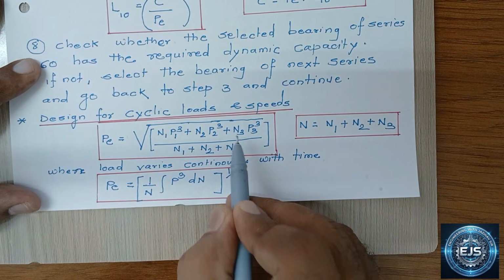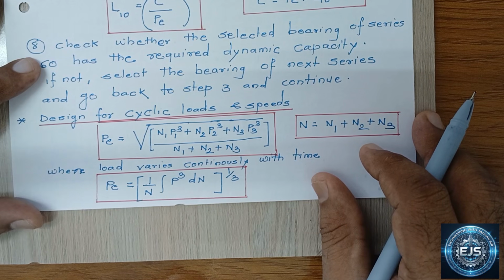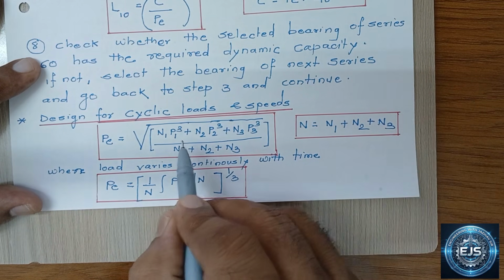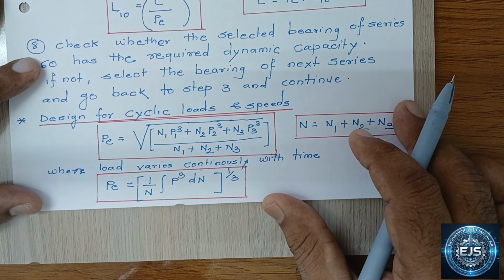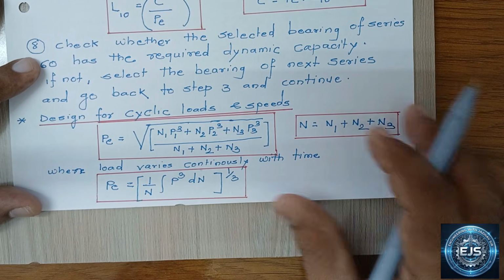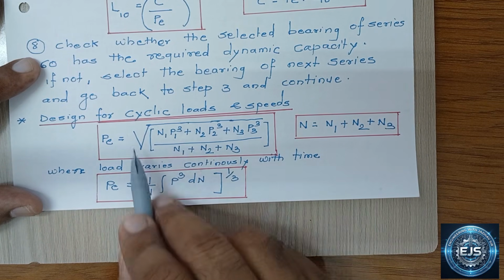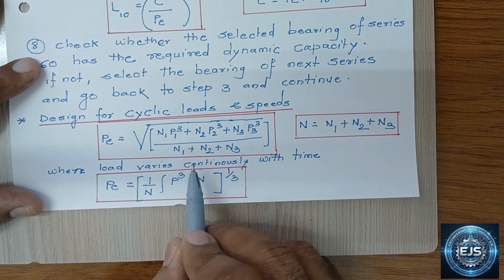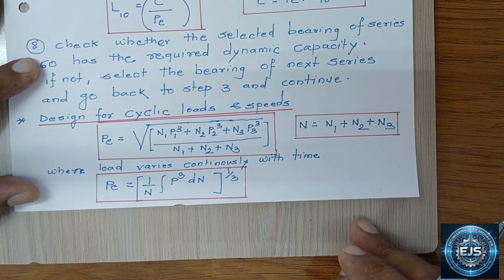N1, N2, N3 are the millions of revolutions in different fractions of the work cycle, and PE1, PE2, PE3 are the equivalent dynamic loads acting during the fractions of the work cycle. So the equivalent dynamic load for the cyclic load is calculated by this formula. N1 plus N2 plus N3 is nothing but the total number of millions of revolutions.